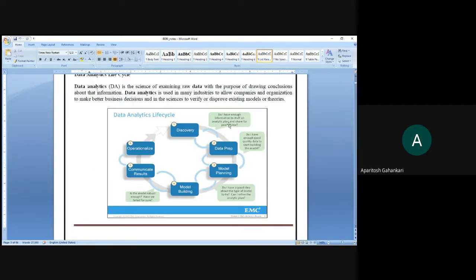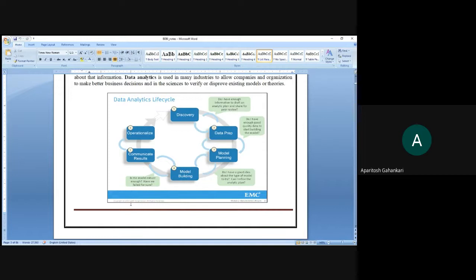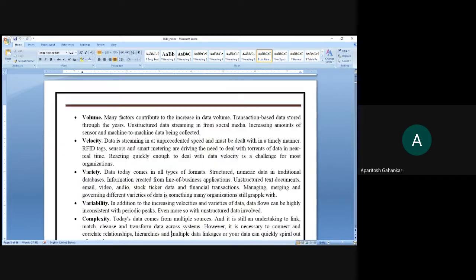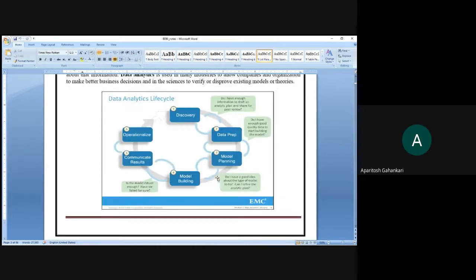This whole diagram is copyrighted, and you can see the proper credit is given over here. This diagram does not belong to me. I haven't drawn it, I have just copied it from this particular source. So now we'll try to understand what your data analytics life cycle is. The six phases are given over here.